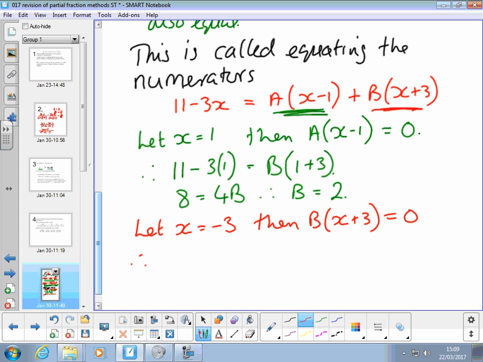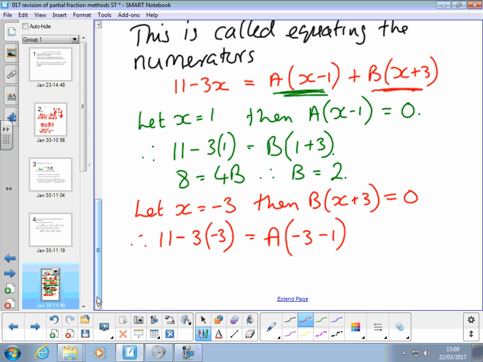And therefore, 11 minus 3 times minus 3 is equal to a times minus 3 minus 1. 3 times minus 3, minus 9. 11 minus minus 9 is 20. It's equal to a(minus 3 minus 1), a times minus 4.